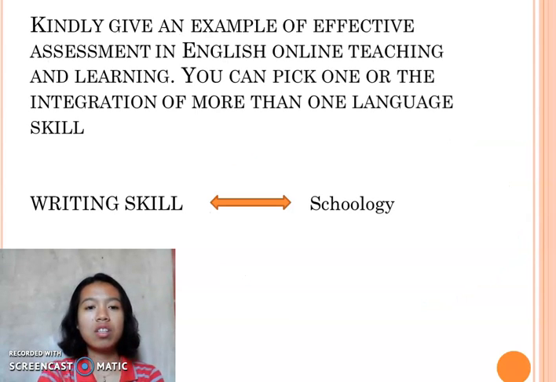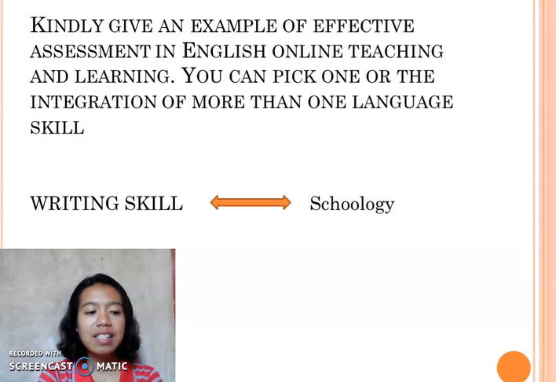And the next question is: kindly give an example of effective assessment in English online teaching and learning. You can pick one or an integrated or more than one language skill. Here I pick a writing skill for effective assessment through Schoology.